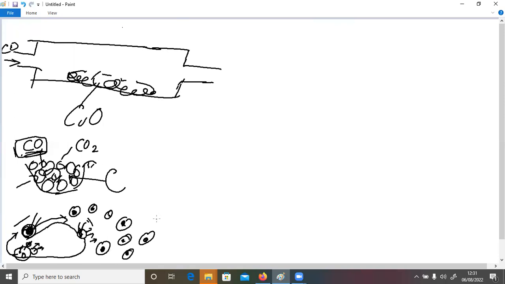When it goes to the lung, it releases the carbon dioxide and picks up oxygen. Once it goes to the body tissue, it releases the oxygen there and picks up the carbon dioxide. So the carbon dioxide and the oxygen easily bind with the red blood cell and easily unbind. The carbon monoxide does not unbind.